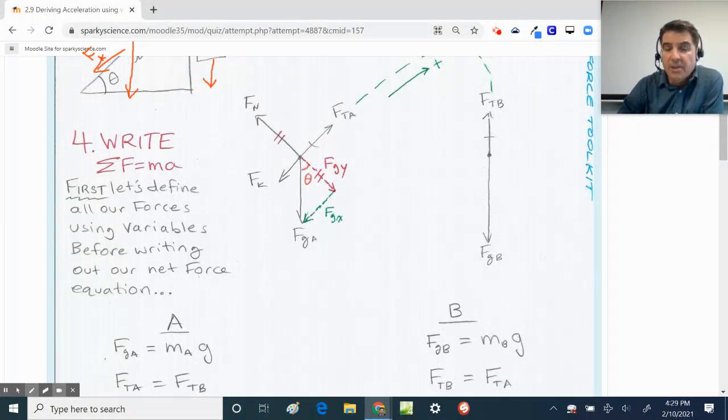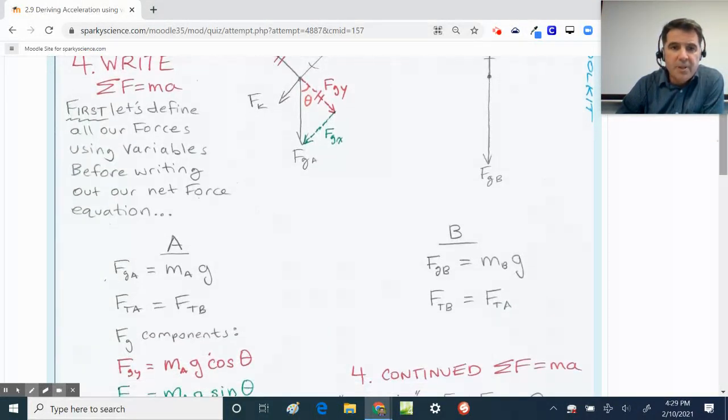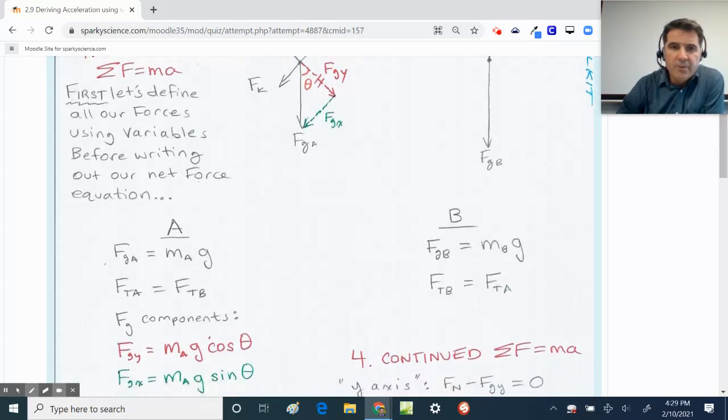Now you could talk about positives and negatives, but we'll talk about that later when we put them all together into the equation. Moving on, the force of gravity components. As you see here, I have a force of gravity going down the hill in the same line as the friction, in the same line as the hill, and that is going to be my FGX.